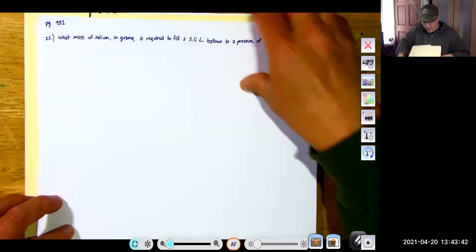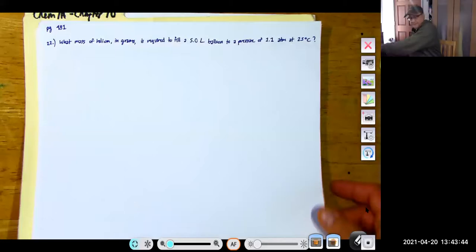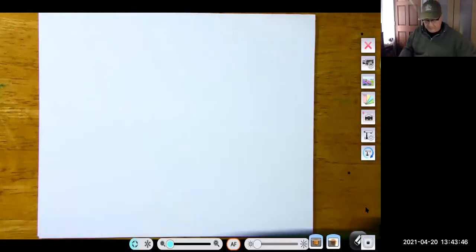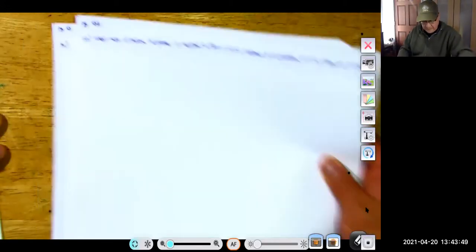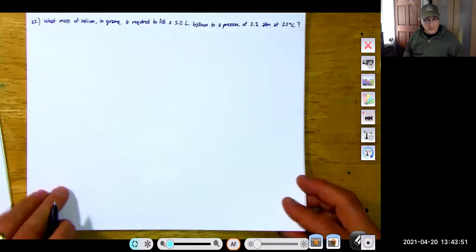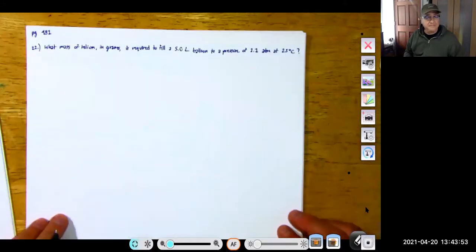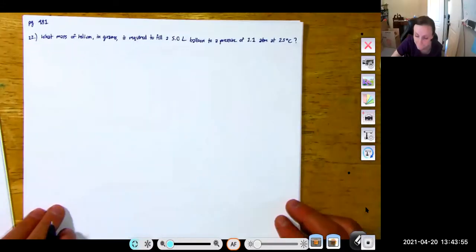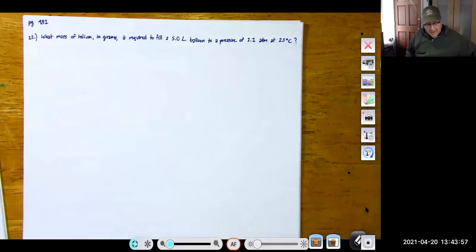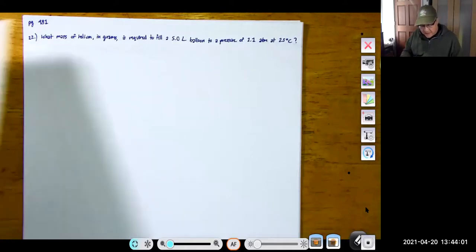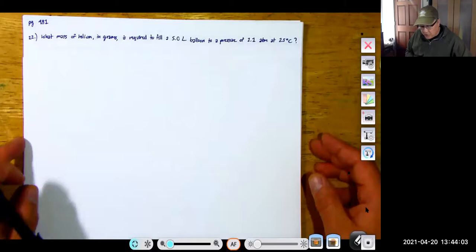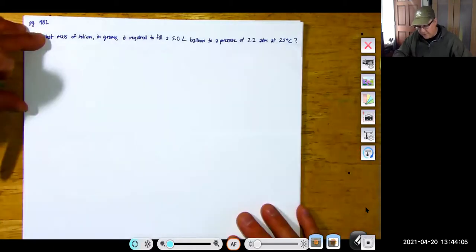Okay, so here's number 22. Can you read that all right? Yeah. Okay, what mass of helium in grams is required to fill a 5-liter balloon to a pressure of 1 atmosphere and 25 degrees Celsius?